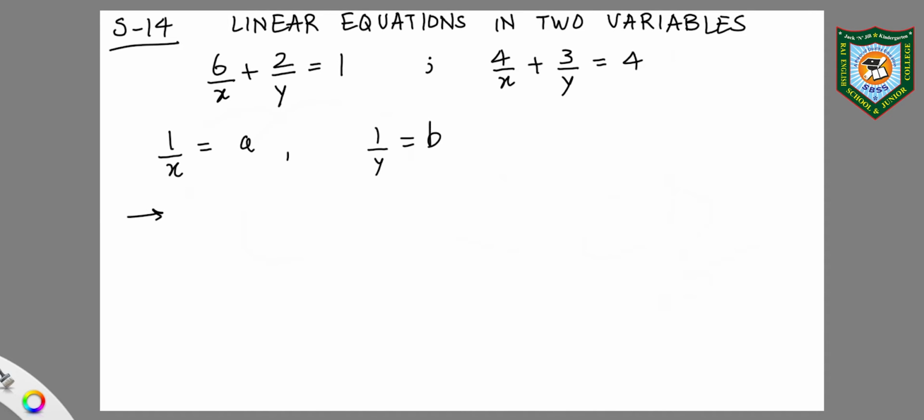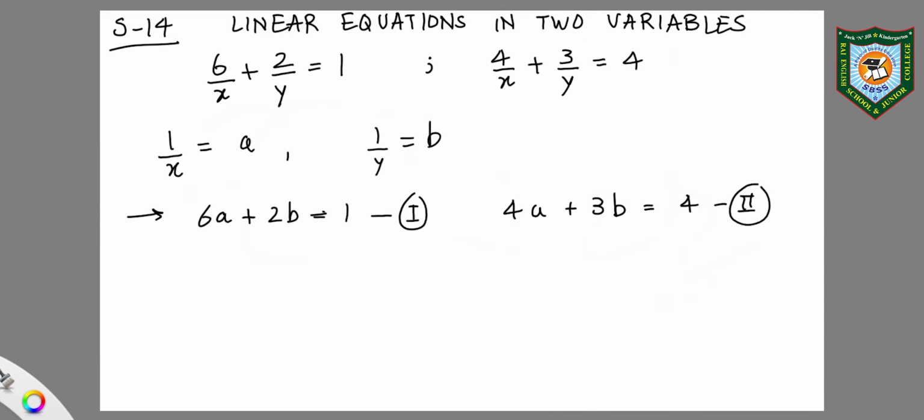So solving this further, I get 6a plus 2b is equals to 1. This is my equation number 1, and I have 4a plus 3b is equals to 4. This is my equation number 2.